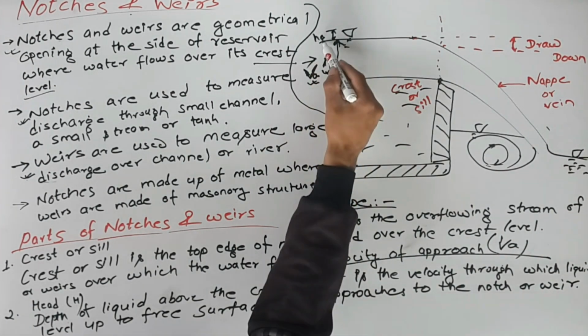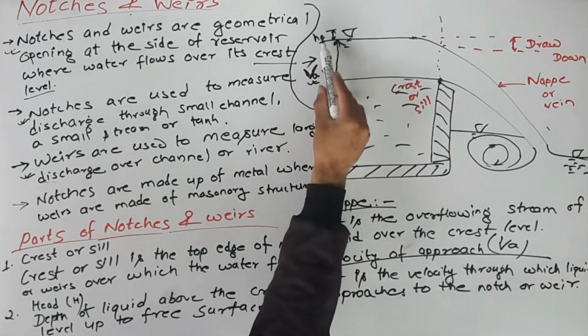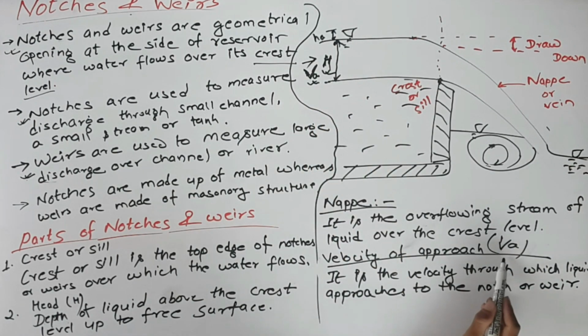We have this Ha, the velocity head, the velocity of approach head. This is the head due to the velocity of approach. You can write.